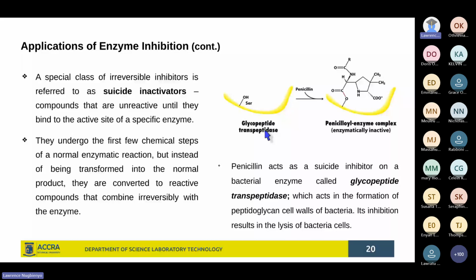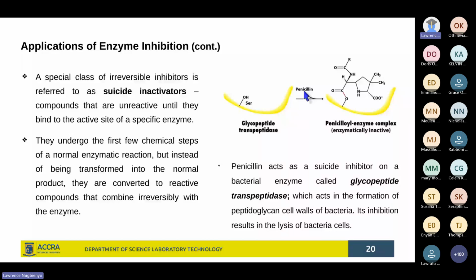You see the OH here is to depict a serine residue, the amino acid serine. On the side chain there is CH2OH, so the OH is just depicting that end of the serine residue. Now, what penicillin does, this is the structure of penicillin.